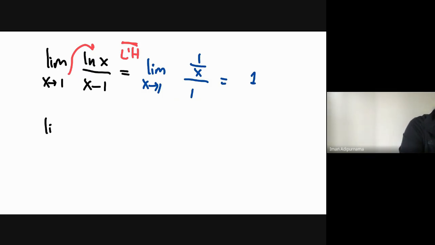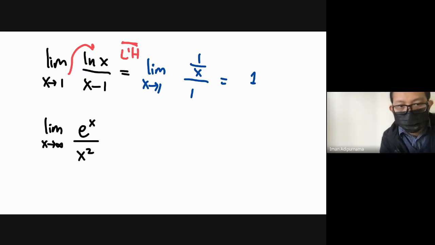And similarly, if you have the limit as x approaches infinity of e to the power of x divided by x squared. Now we check the infinity. Both expressions give us infinity over infinity. So we may continue the L'Hopital process.